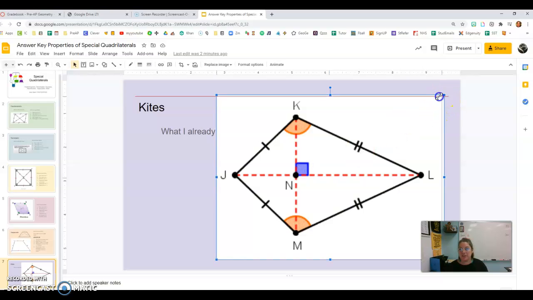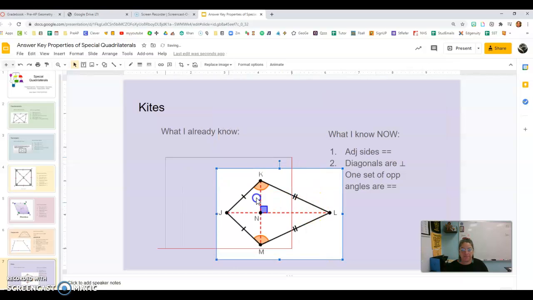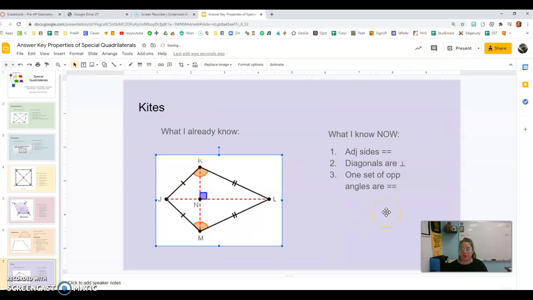So if we take a look at the properties, that's all you need to know for a kite: adjacent sides are congruent, diagonals are perpendicular, and there's one set of opposite angles that are congruent.